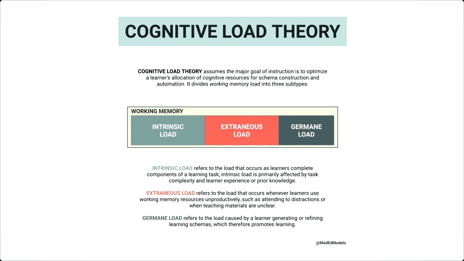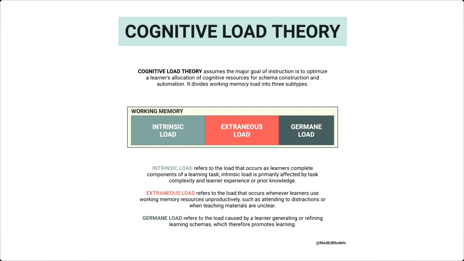So if you could imagine, the first time that you're learning to do a procedure, there's a much higher intrinsic load than the 100th time that you've done that same procedure. The extraneous load, which is the distracting information, which doesn't help you accomplish the task, but consumes your working memory. And the germane load, which is that part of our working memory which we use to create illness scripts, to unpack complex information, et cetera.